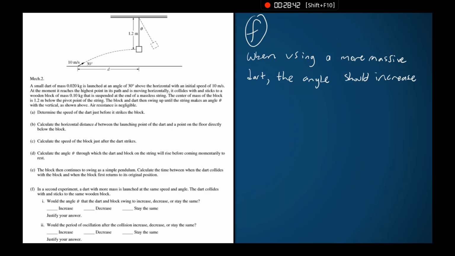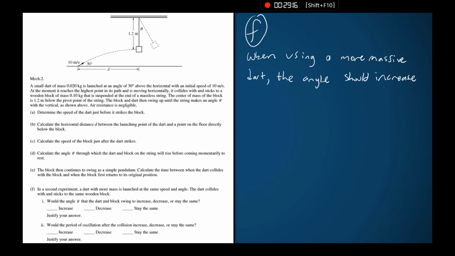As long as I'm firing the dart, regardless of the mass, at 10 meters per second at that 30-degree angle, it's still going to have all of the horizontal speed when it reaches the maximum point, right? So its horizontal velocity right before it hits is going to be the same, v cosine 30. Okay, so that's not why.